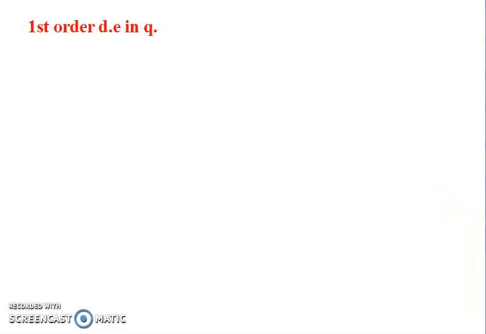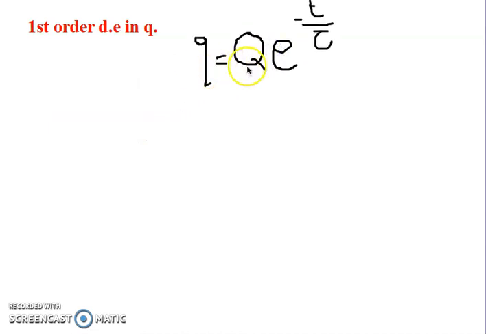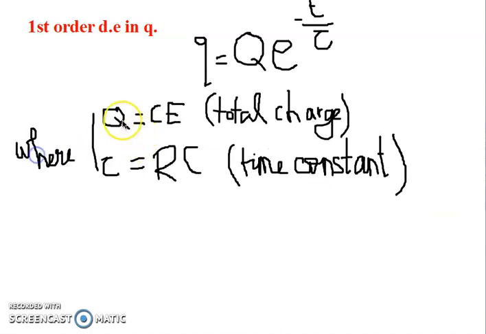The solution, you are not responsible, as I said in the previous videos, not responsible for the solution. It's always given in the official exams or in an exam. So Q equal Q exponential minus T over tau. And you know, Q, which is the total charge or the initial charge on the capacitor, is CE. And tau equal RC is called the time constant. I verified this in the previous videos.